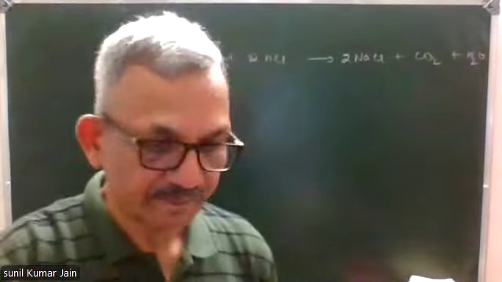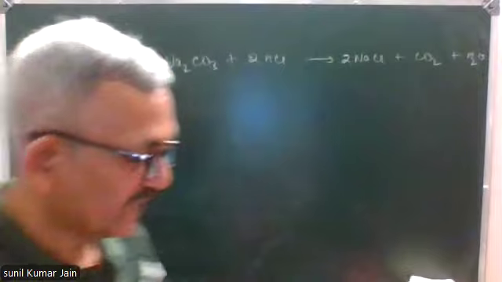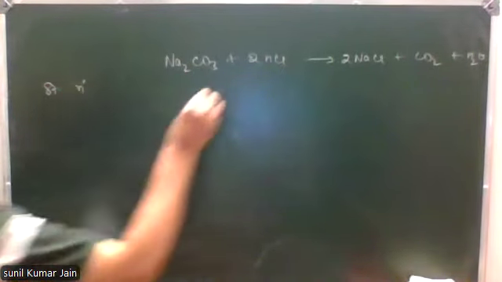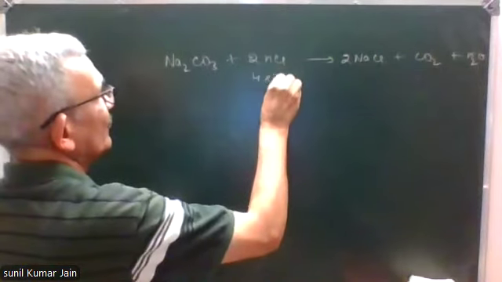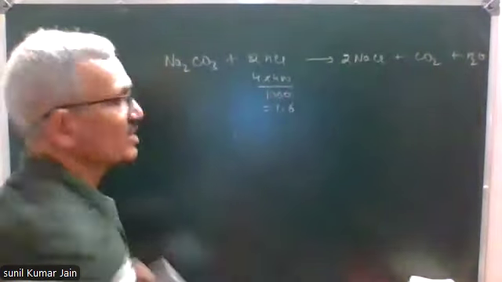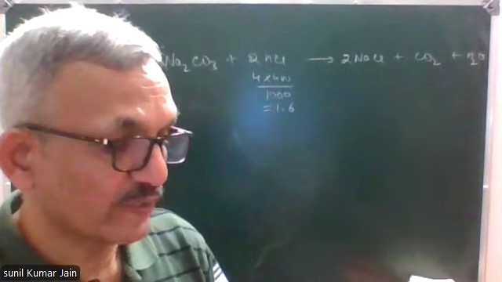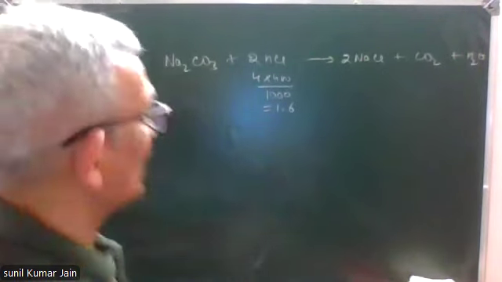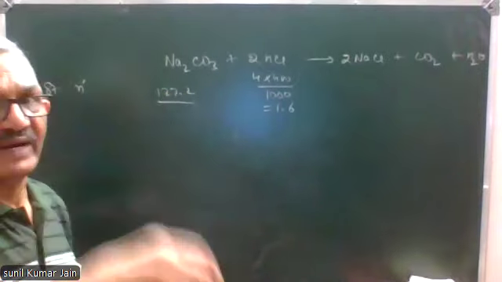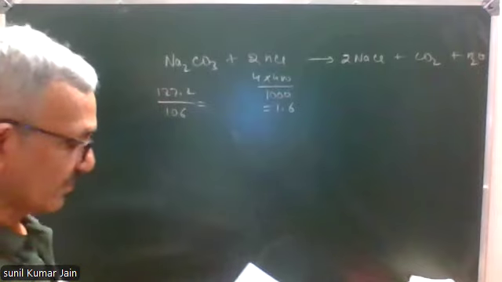Now the numerical is 400 cc of 4 molar HCl. So starting moles will be 4 molar times 400 cc divided by 1000, 1.6 mole, is added to 127.2 grams of sodium carbonate. 127.2 grams divided by molecular weight 106 will come out to 1.2 mole.